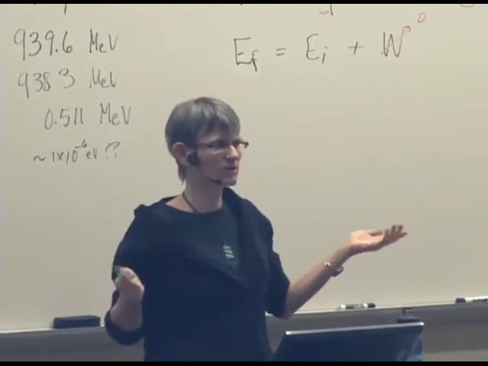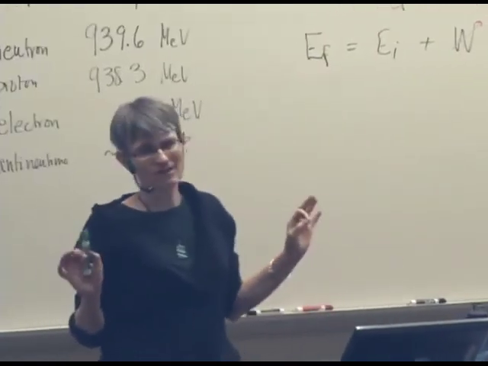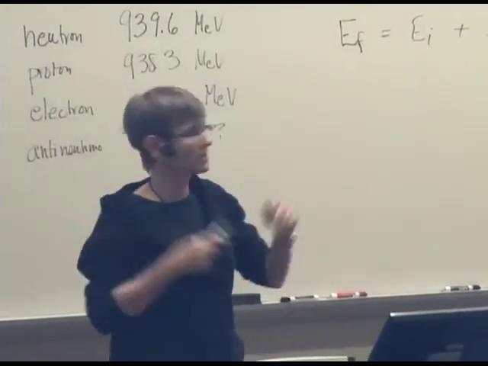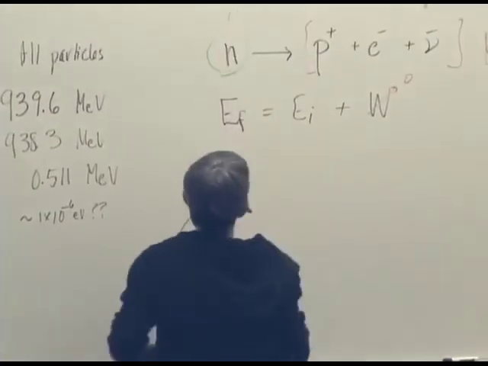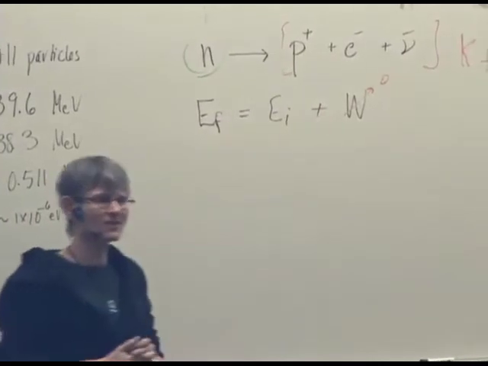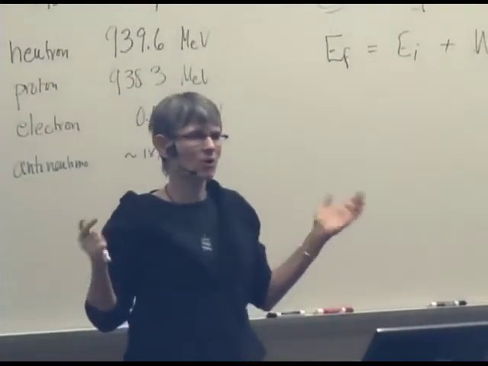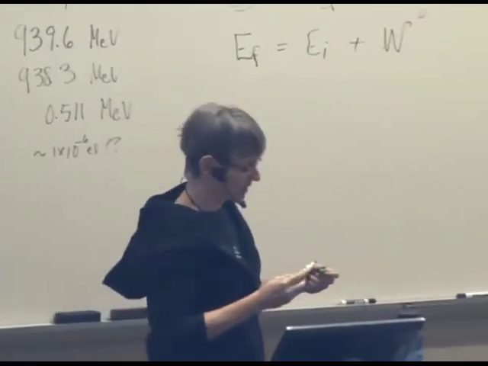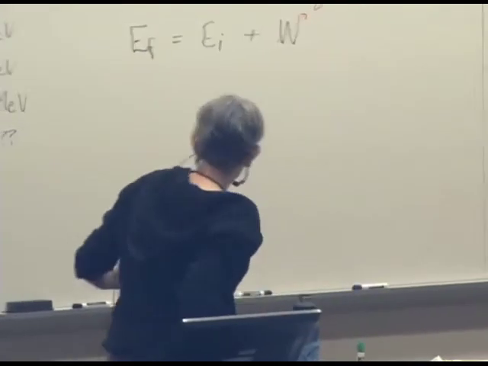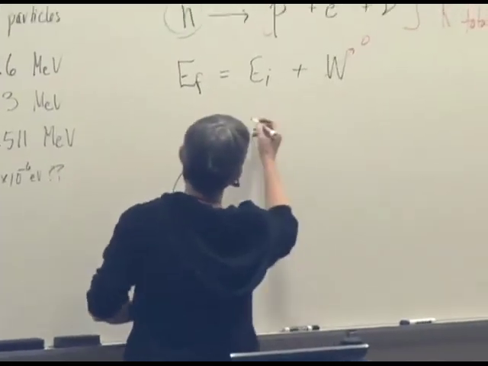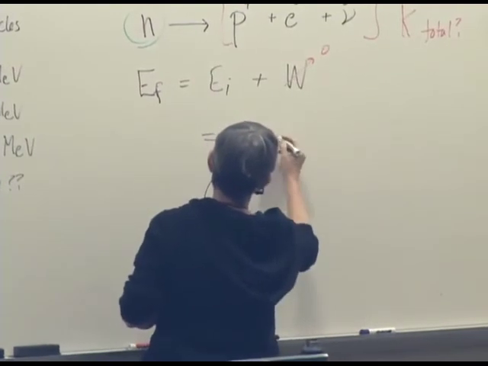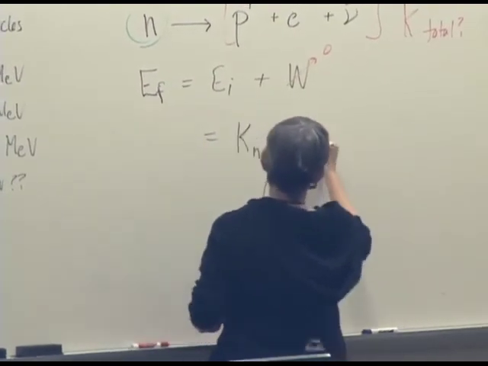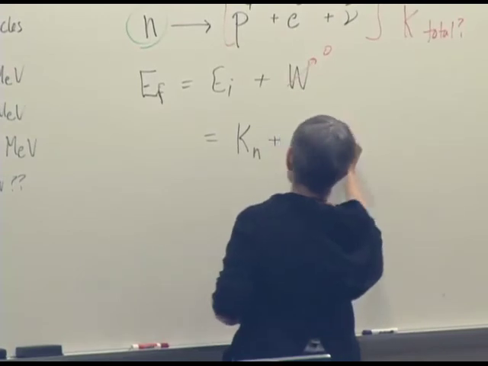We just look at the system in the initial state and see what's there. Initially, it's a neutron. None of that other stuff is there yet. So all we've got is the neutron, and the only thing it can have is kinetic energy. So we have the kinetic energy of the neutron and the rest energy of the neutron.